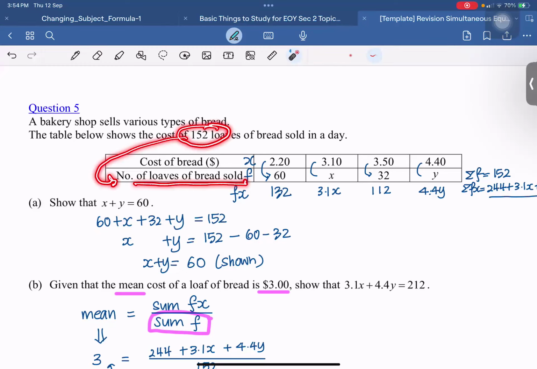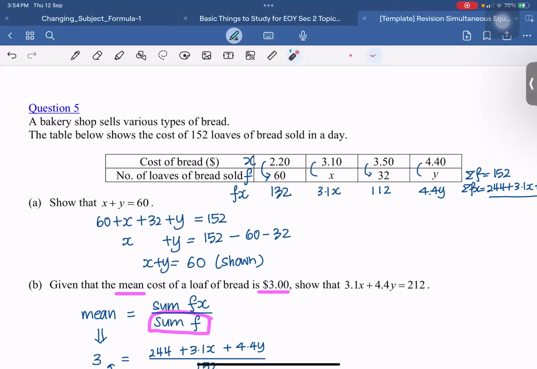So the total number means 60 plus x plus 32 plus y gives you 152. The total added together is 152. So from here, very obviously, minus away 60, minus away 32, and we get our answer: x plus y equals 60.